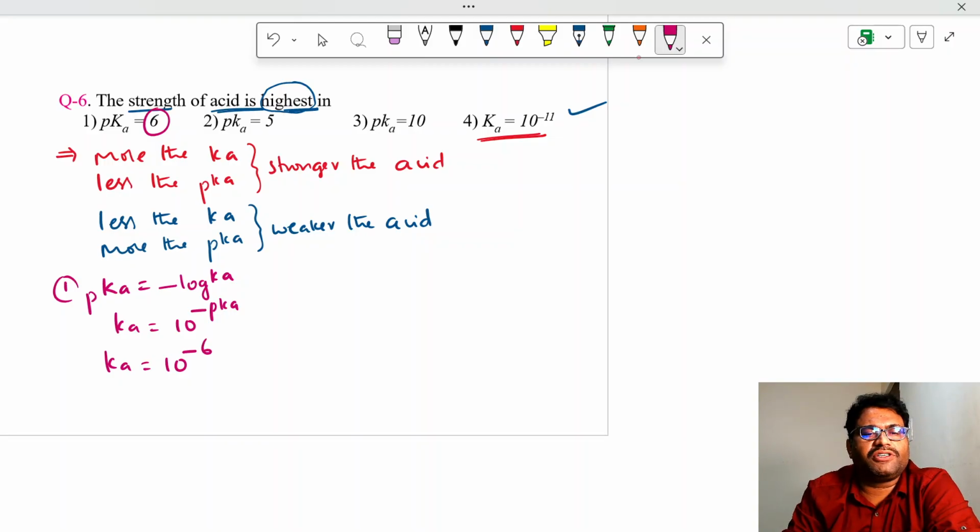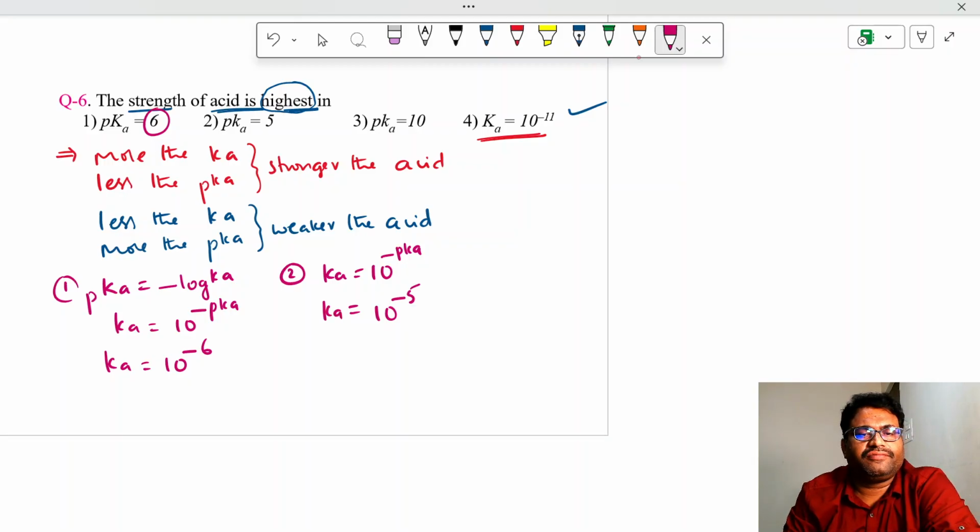So this is the first option. Second option, let us take Ka is equal to 10 power minus pKa, which is equal to 10 power minus 5. Third option, Ka is equal to 10 power minus pKa, which is equal to 10 power minus 10.